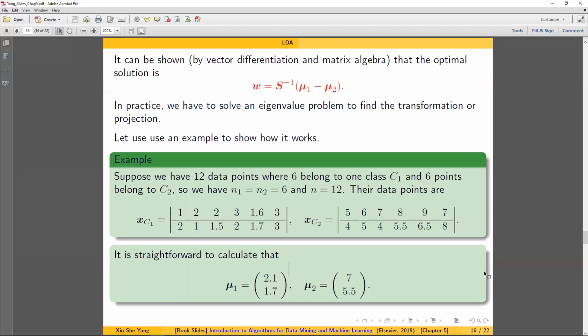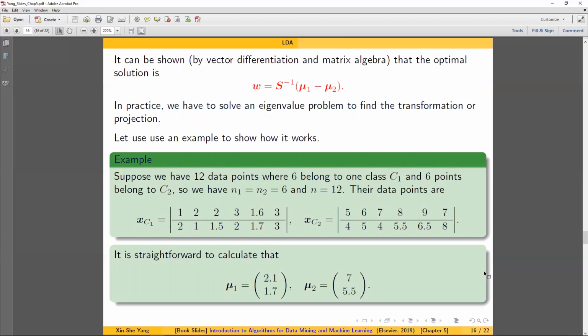Let's use this as an example. Here we didn't actually get into too much detail how it is solved, but at least you should know the output. The conclusion is the weight matrix that we can use is a function of mu1 and mu2 and S. S is a covariance matrix that we discussed earlier, which is a measure of the within cluster variance, and mu1 and mu2 are the mean of each class.